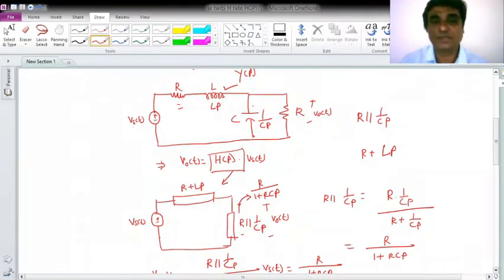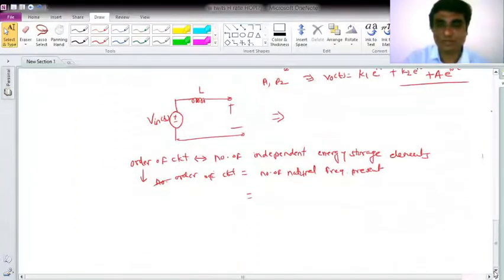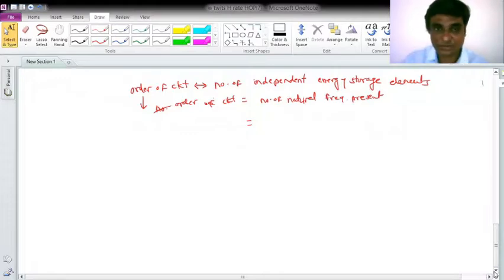The total number of independent initial conditions is equal to the total number of degrees of freedom I have in the network, so that I can set them independently, which is nothing but my order of the system. There is no dependency between them, so there are two independent energy storage elements. That's why the order is 2. To illustrate it, let us take one more example and we'll see.